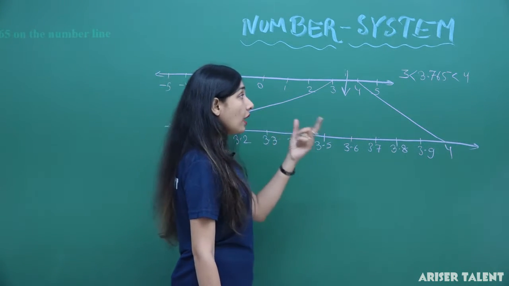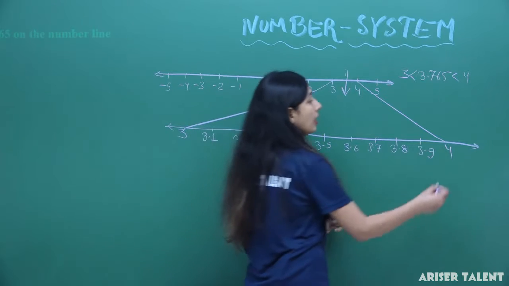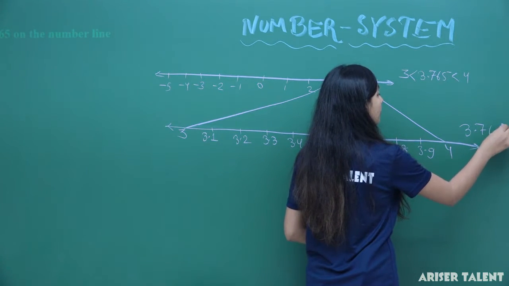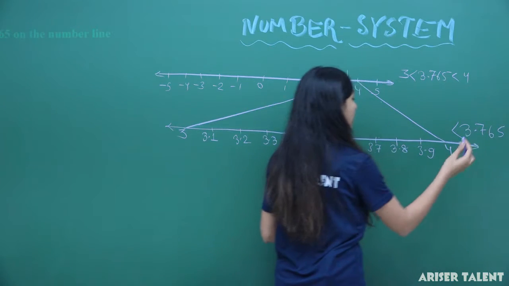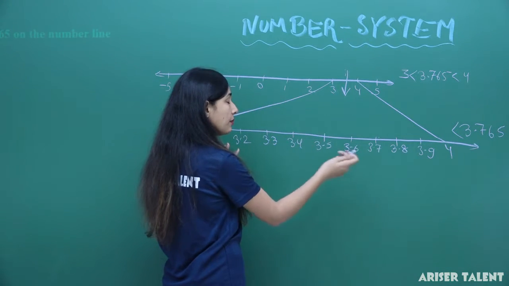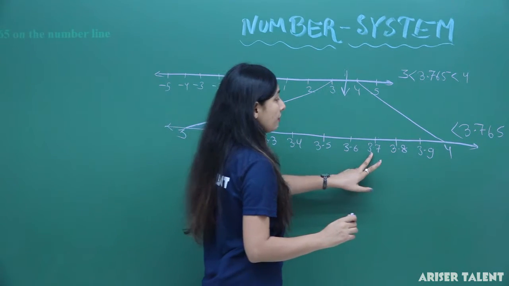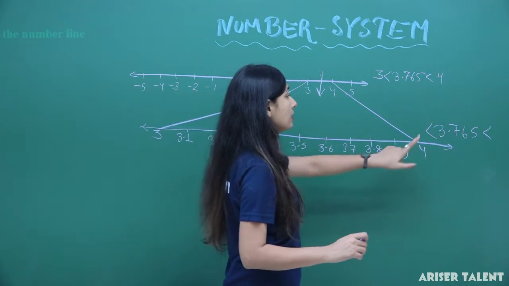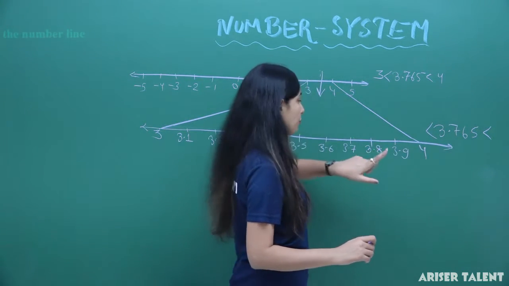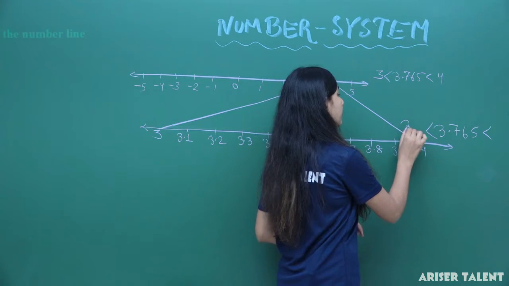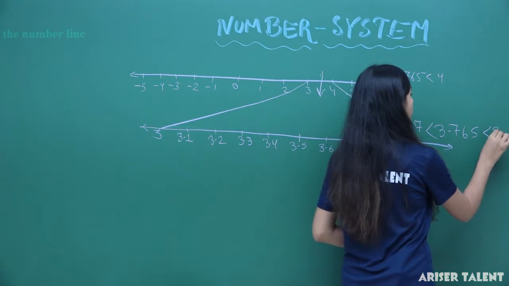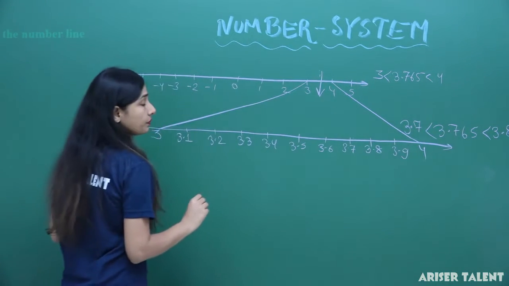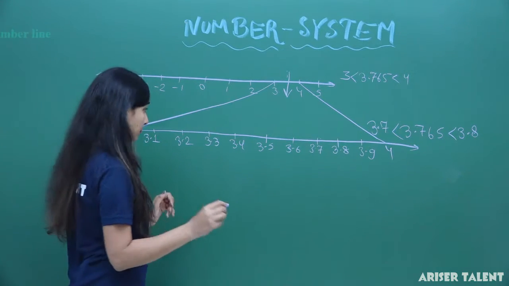Now the number is 3.765. Now this number lies somewhere between 3.7 and 3.8, because the number is 3.7 and something. So it will be from 3.7 to 3.8. Right? Now what will we do?